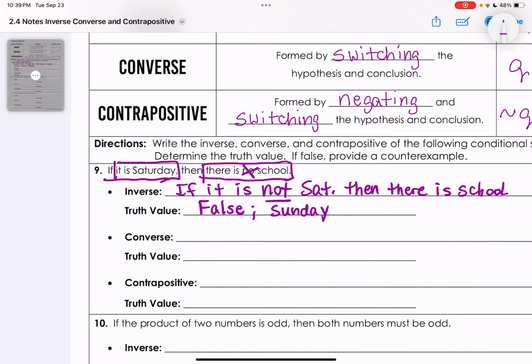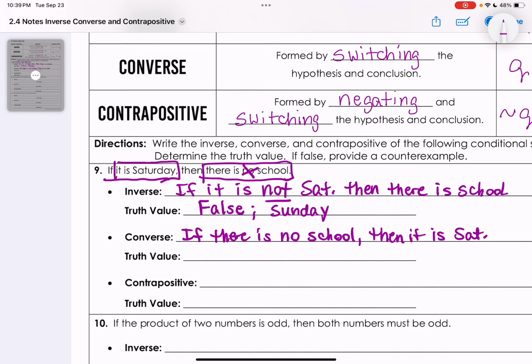The converse is when we switch the hypothesis and the conclusion. So if there is no school, we keep the no in there. Write it just as it is. If there is no school, then it is Saturday.